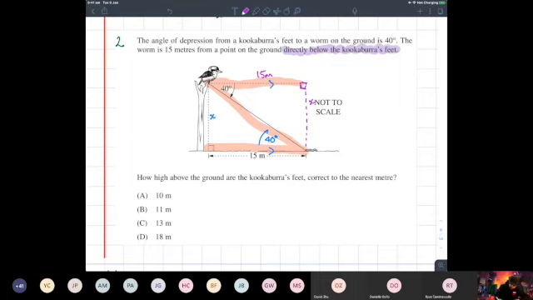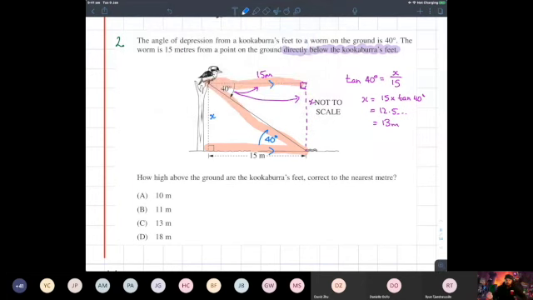So if I was to use the purple, x is opposite 40 degrees, and 15 is adjacent. So tan of 40 degrees is equal to x on 15, which means x becomes 15 times tan of 40, which becomes 12.5, which equals 13 meters.